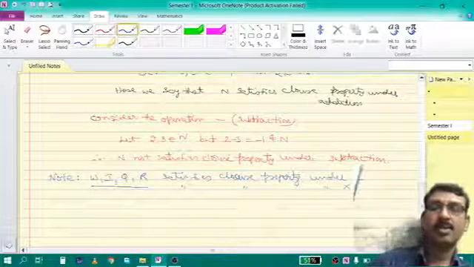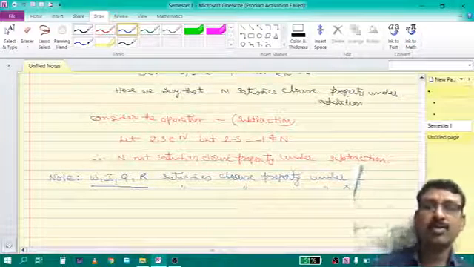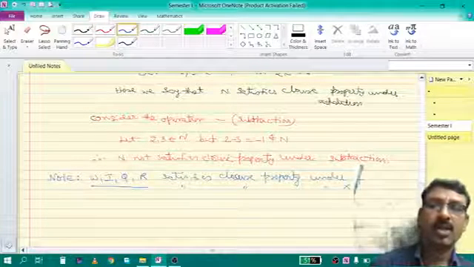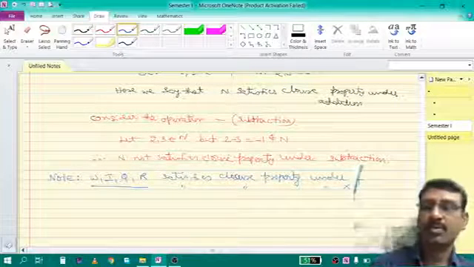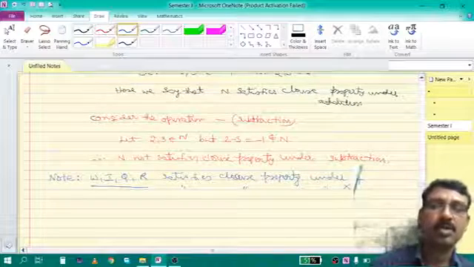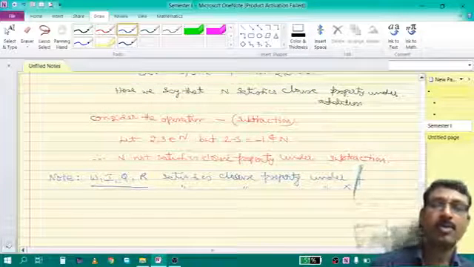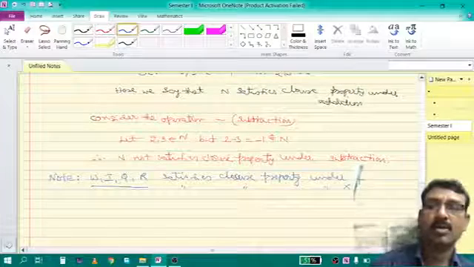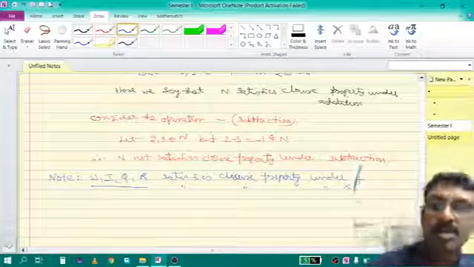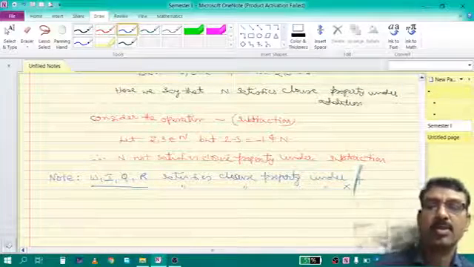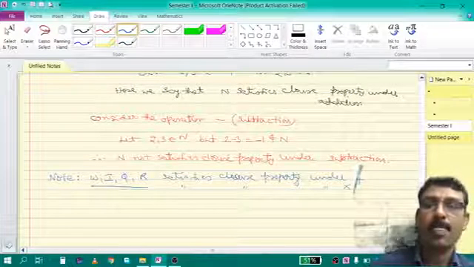Why? Because if we divide by 0 we get an undefined number. Therefore under the operation division, these four sets do not satisfy closure property.